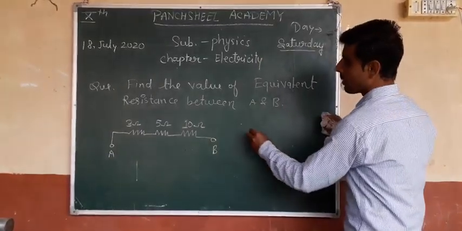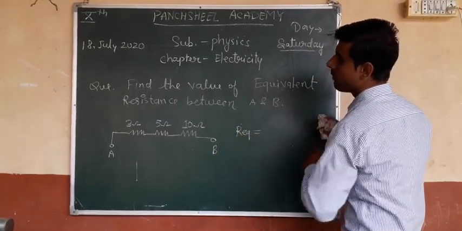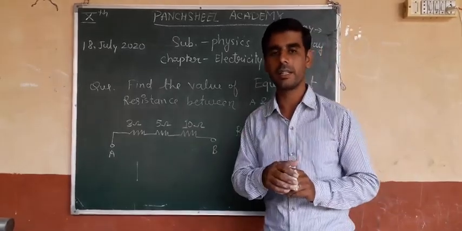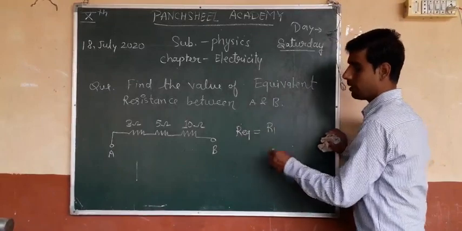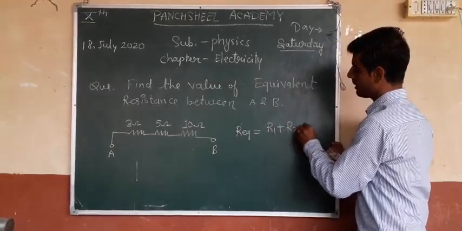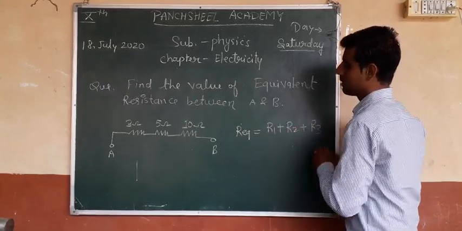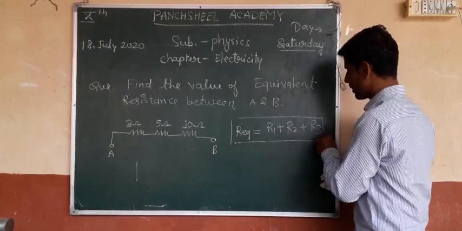So what is the formula for equivalent resistance when three resistances are connected in series? We derived this formula before. R1 plus R2 plus R3, this is our formula when three resistances are connected in series.